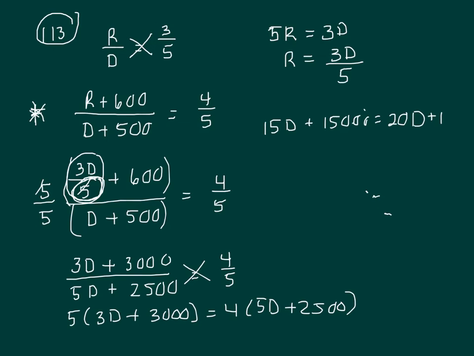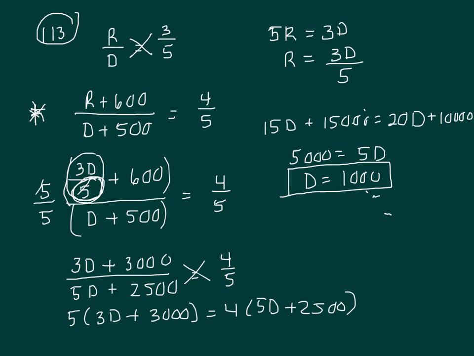All right, let's subtract 15D from both sides, and that's going to leave me a 5D. Subtract 10,000 from both sides, and that's going to give me 5,000. Divide both sides by 5. Democrats equals 1,000. Let's block that in where we can find it.